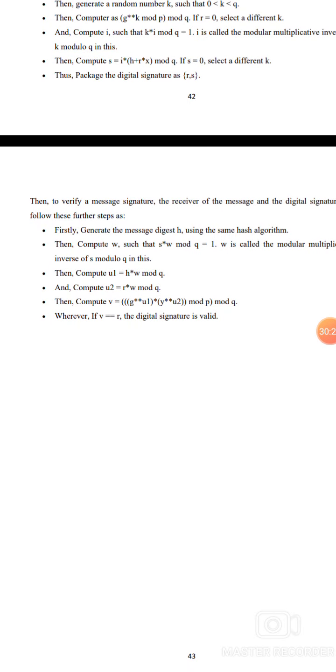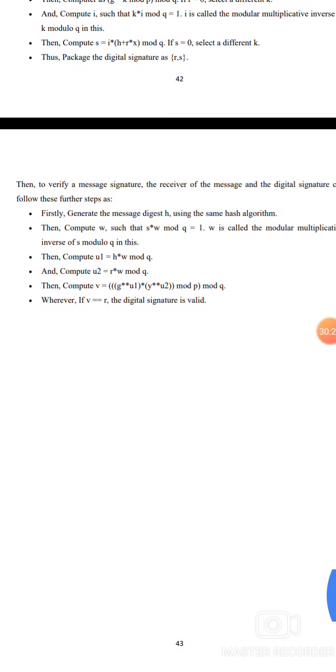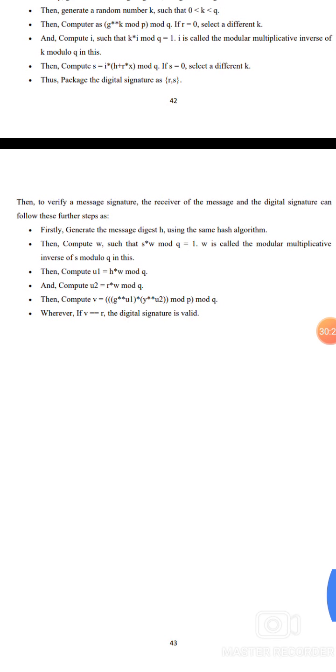Next, verify the message signature at the receiver of the message. The digital signature verification has further steps. First, generate the message digest using the same hash function.